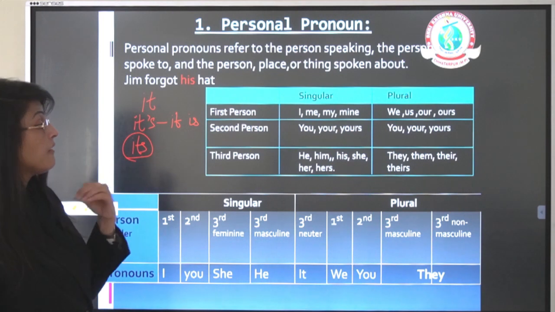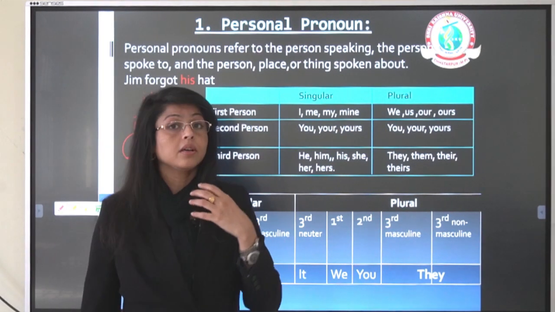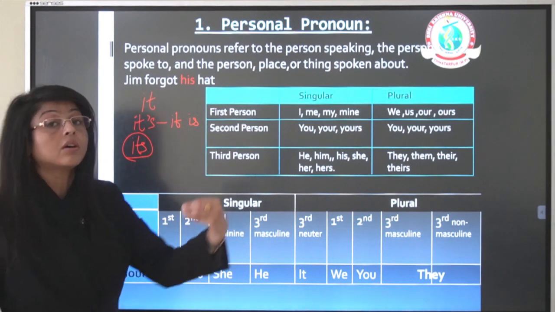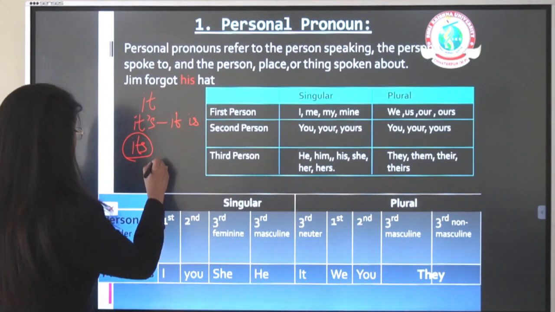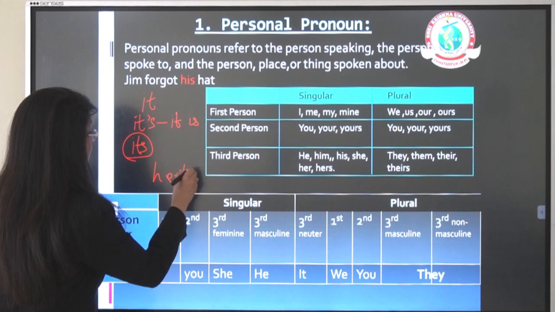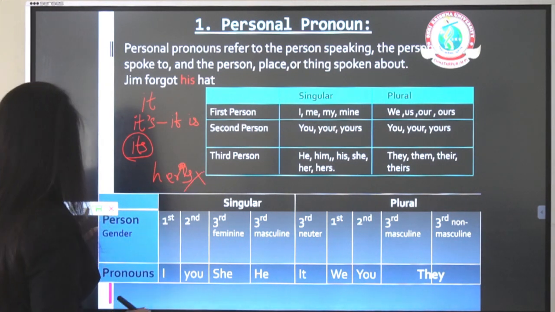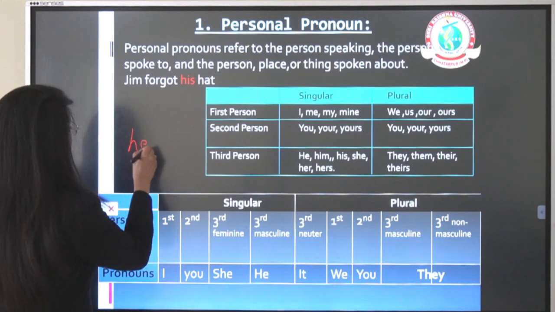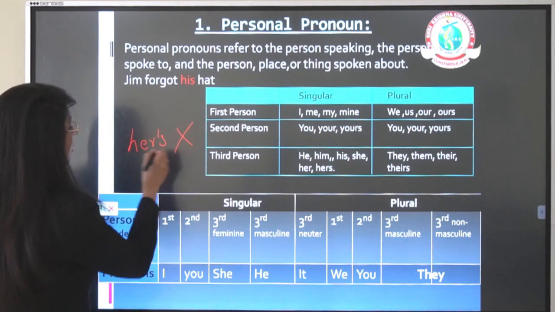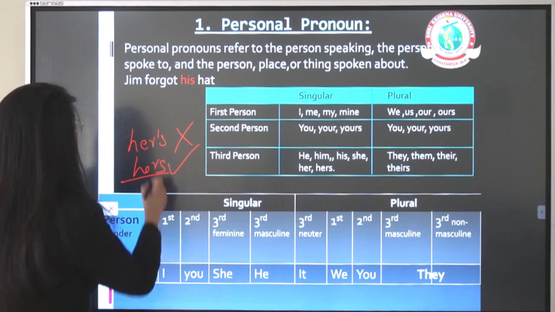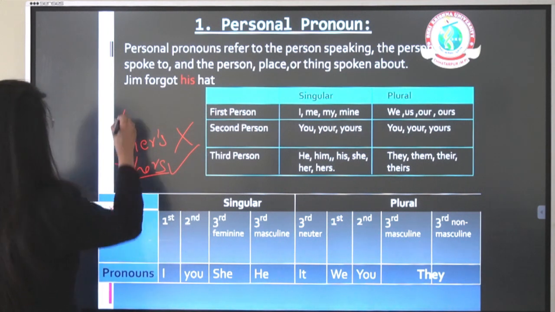So if supposedly I am saying it is her pen, this pen is hers. We are not using her with an apostrophe. We are not doing that. This will be wrong. Let me make it more clear. This is wrong. You are going to use hers. This is right. And this shows the possession.